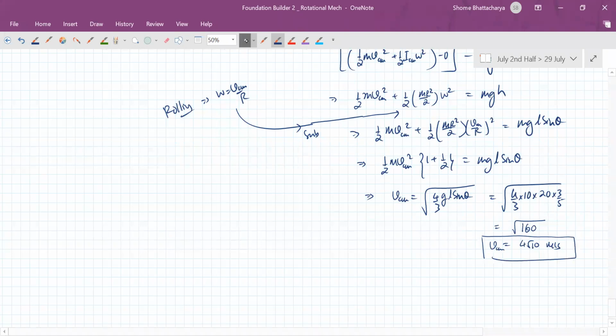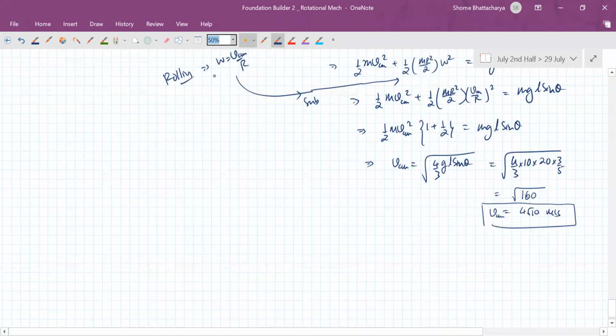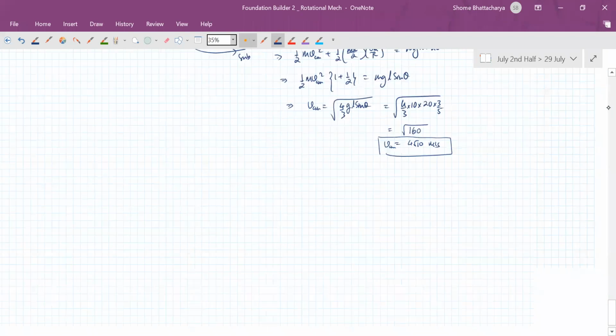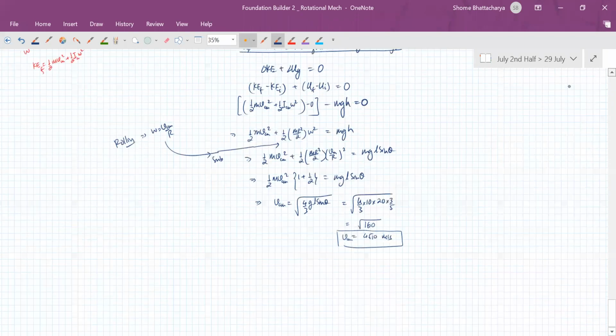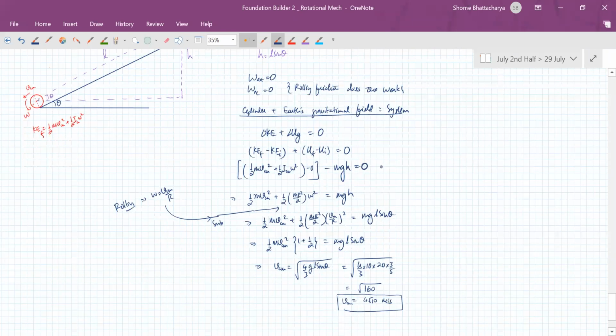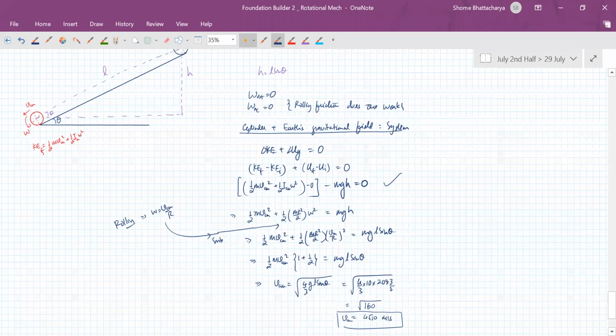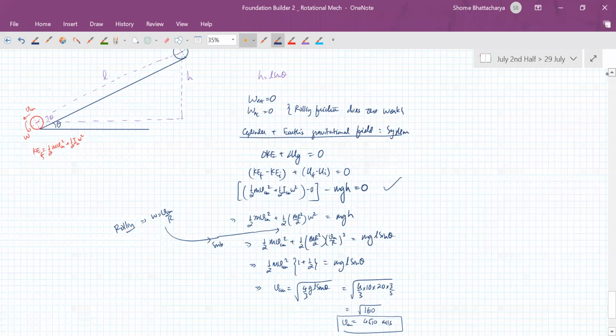So ultimately you're just using one equation here. That is the advantage in the work energy method: just using the single equation. Whereas there you were first solving for acceleration, then substituting that acceleration in the kinematics equation, then substituting again in the constraint relation.